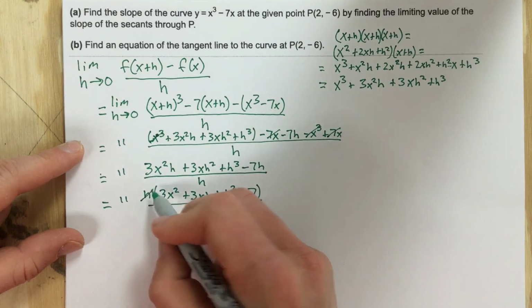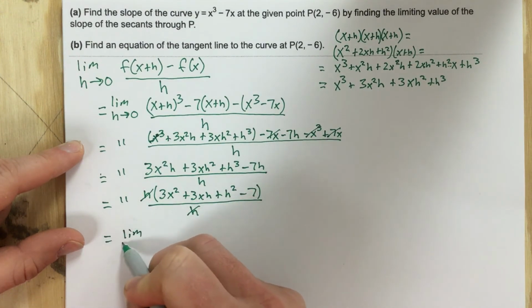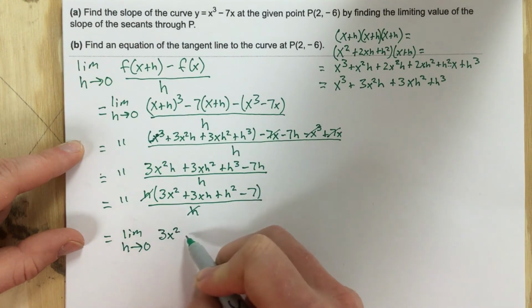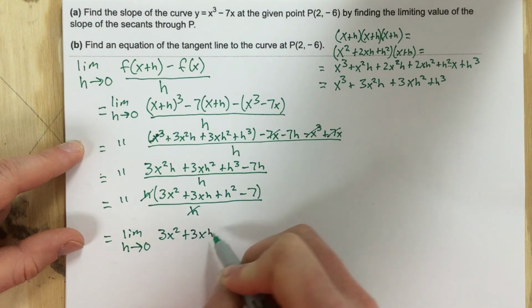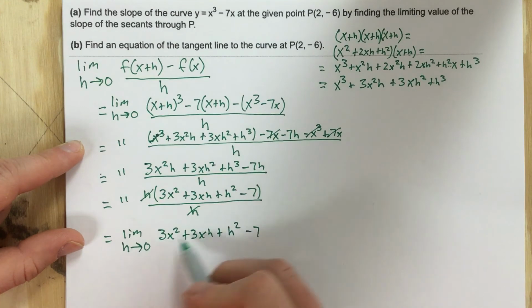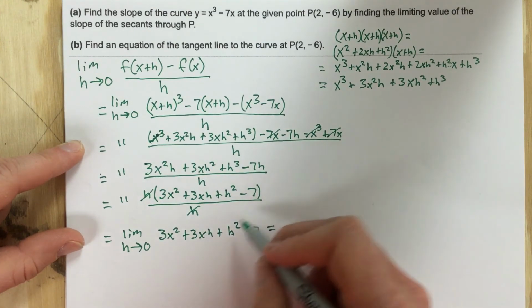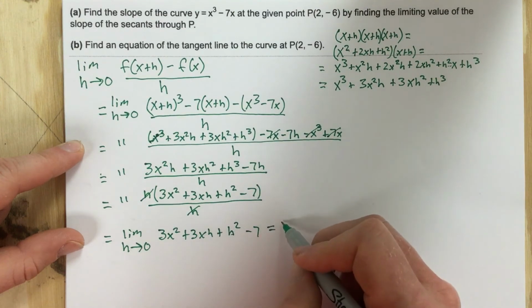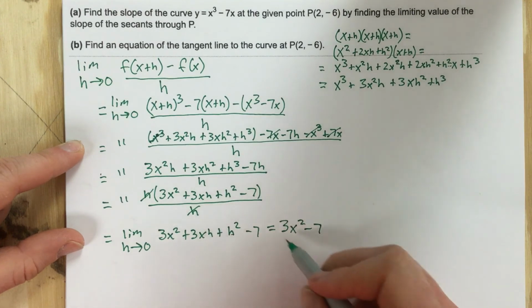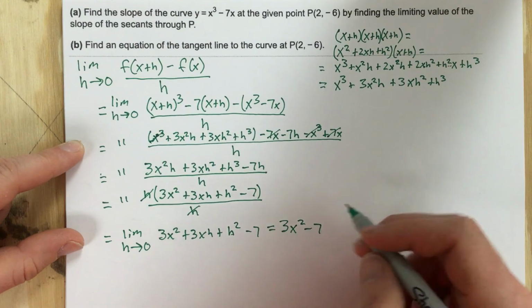Now I can cancel the h's, and I end up with the limit as h approaches 0 of 3x squared plus 3xh plus h squared minus 7. When I plug in 0, this cancels and this cancels, so I end up with 3x squared minus 7. So this is the expression for our slope for this problem.